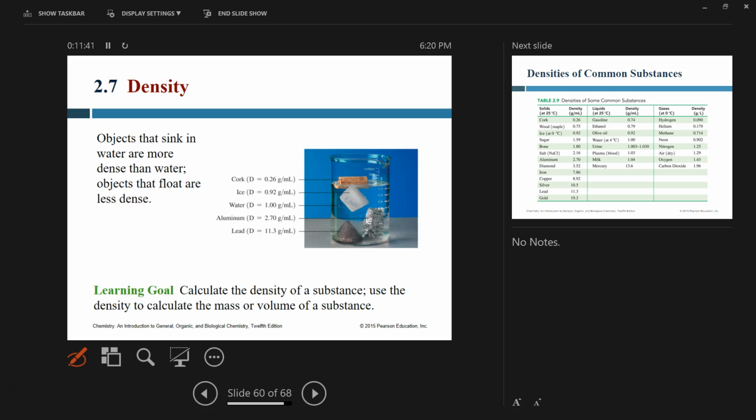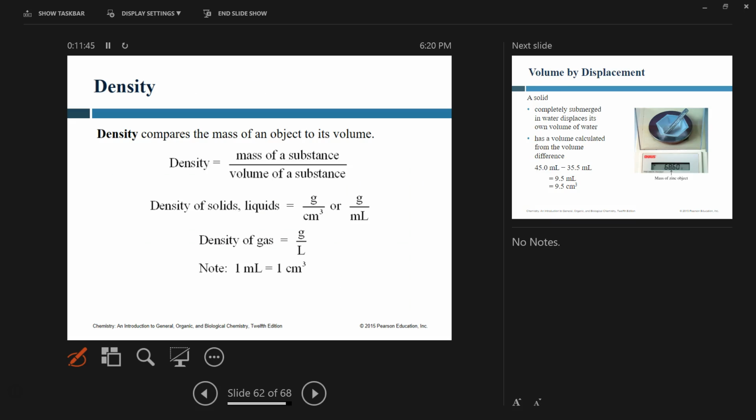So what is density? I'm going to go back. It's all recorded. Density is the mass of a substance that occupies a certain volume of a substance.